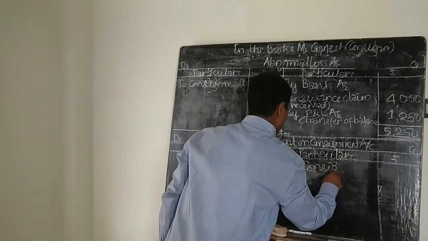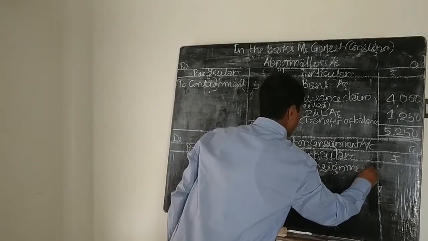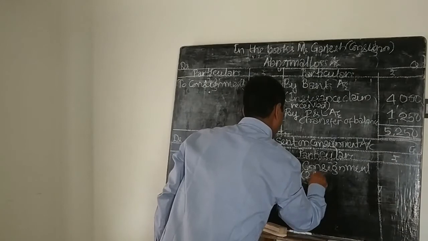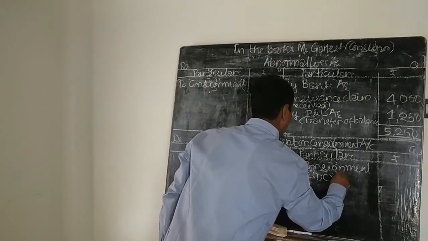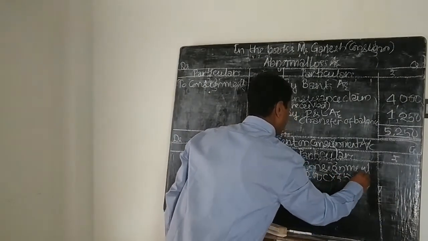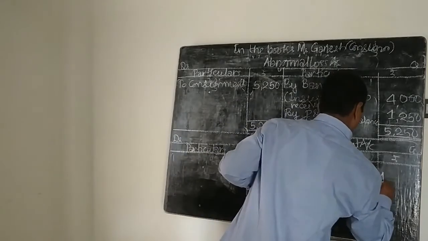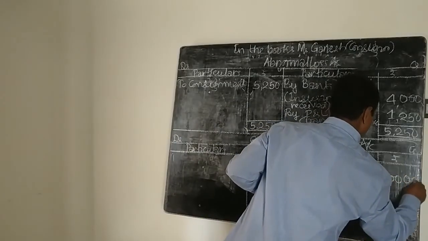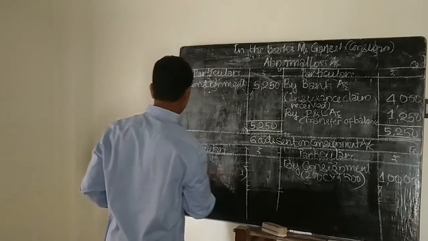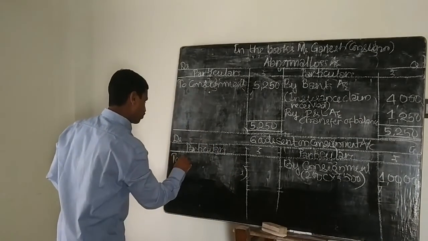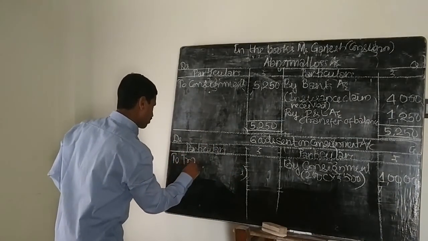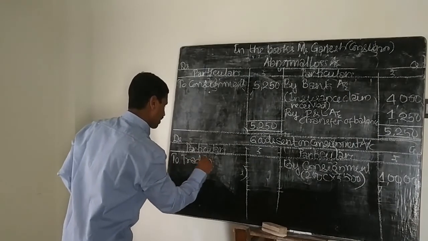They are sent, that is 200 cycles into rupees 500, so it will be 1 lakh. This will be transferred to the trading account.